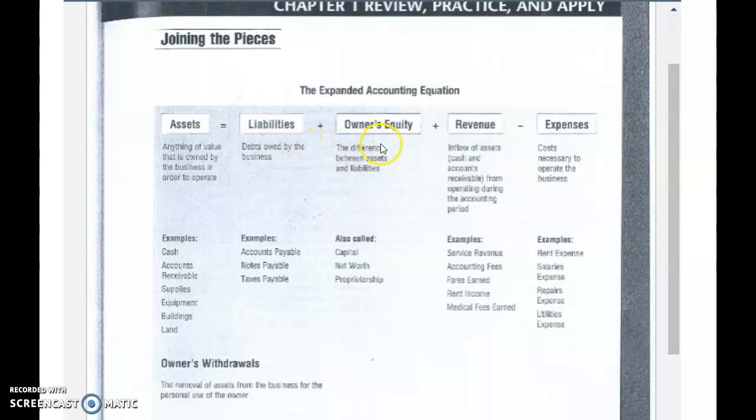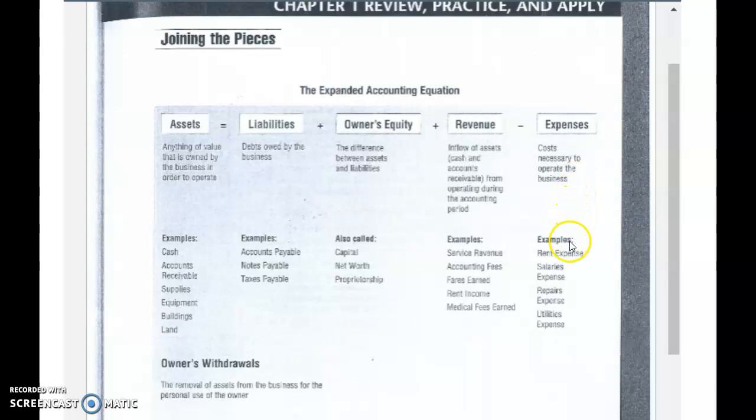And also, revenue is the inflow of assets, usually cash or accounts receivable. This is your sales that you have during the course of your business. That's called revenue. And then your expenses are the expenses that you incur in order to do business. And your book defines them as costs necessary to operate the business.